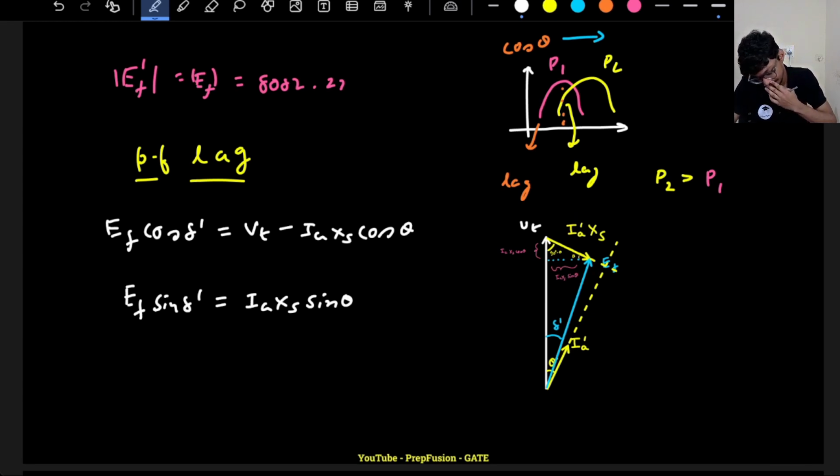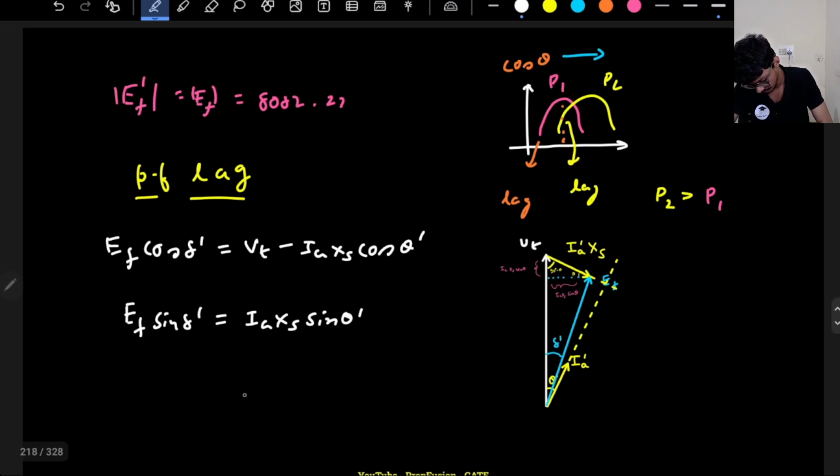Okay, we have to do the same thing only, that squaring and stuff, I guess. Because I know Xs, but I don't know what theta is. So theta dash, I don't know what theta dash is.